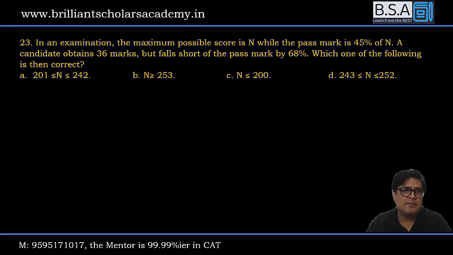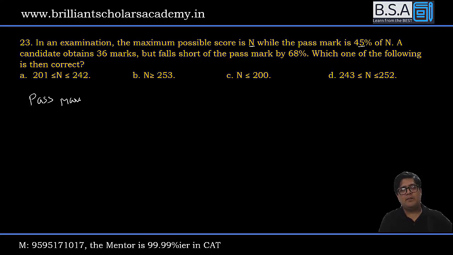A candidate obtains 36 marks but fails or falls short of pass marks by 68%. Which of the following is then correct? Maximum marks are n. How much are the pass marks? 45%. So I'll start from there.